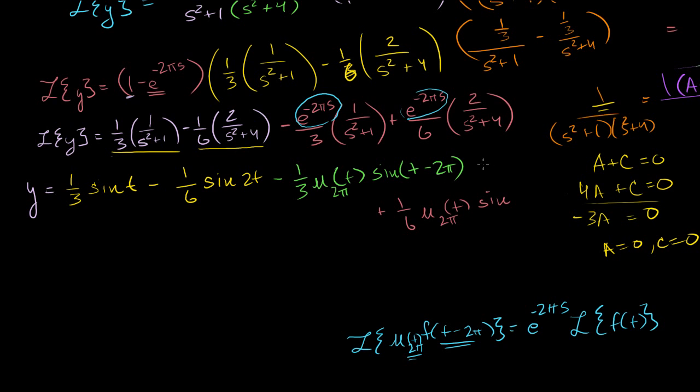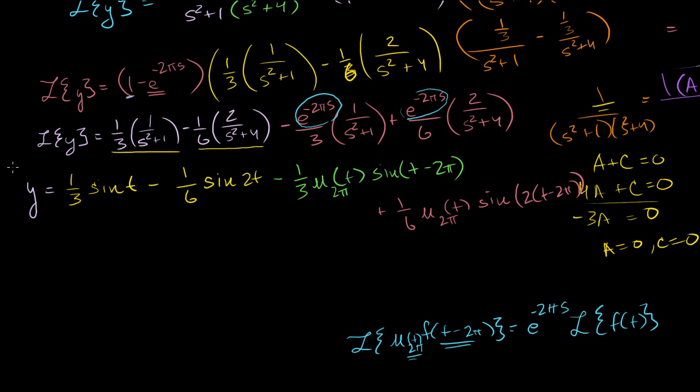Wherever we had a t before, we're going to replace it with a t minus 2 pi. So sine of, instead of 2t, is going to be 2 times t minus 2 pi. And there you have it. We finally have solved our very hairy problem.